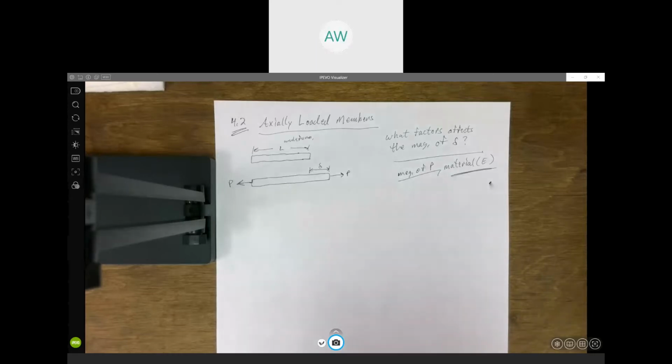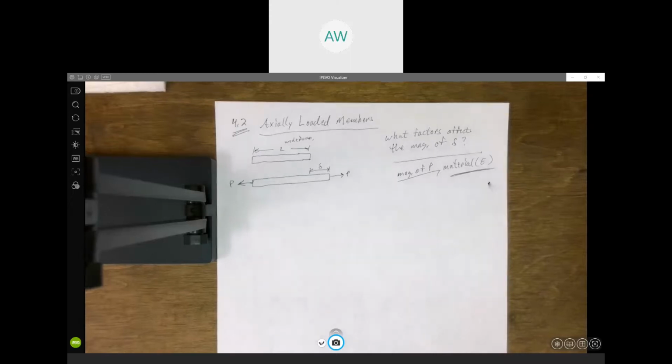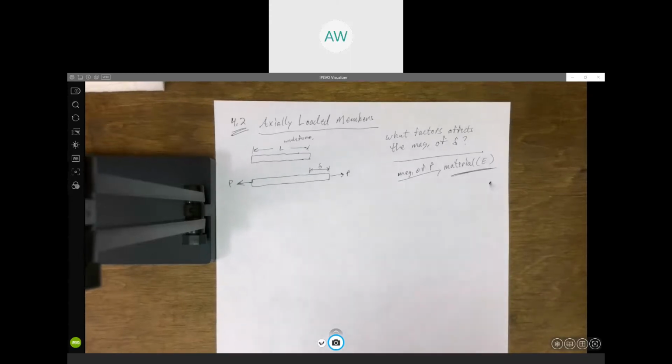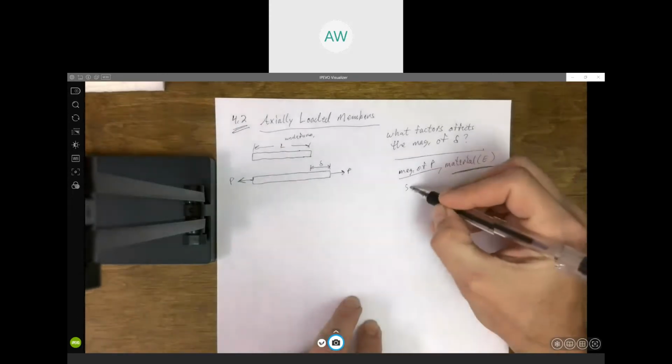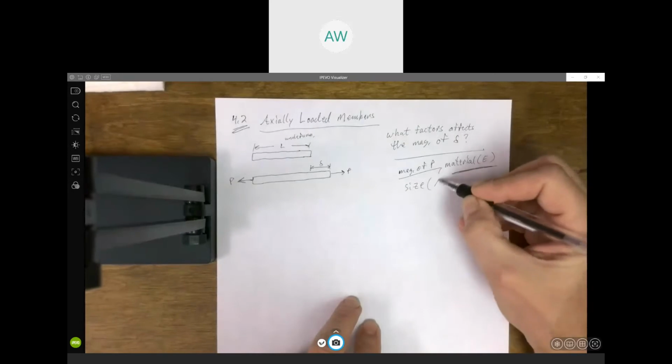If somebody will give me another one, I'll do the 4th one. But so we got the magnitude of the force, the material, the area? The size, right? The cross sectional area.